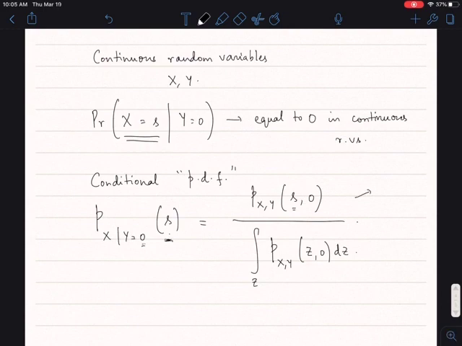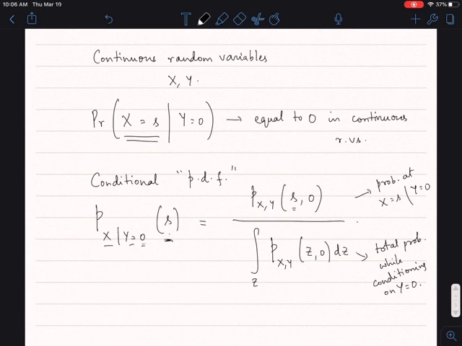On the numerator you have the probability at x equals s conditioned on y equals 0, and here you just have total probability while conditioning on y equals 0. So this is what we call the conditional PDF, the conditional distribution of x given y equals 0.